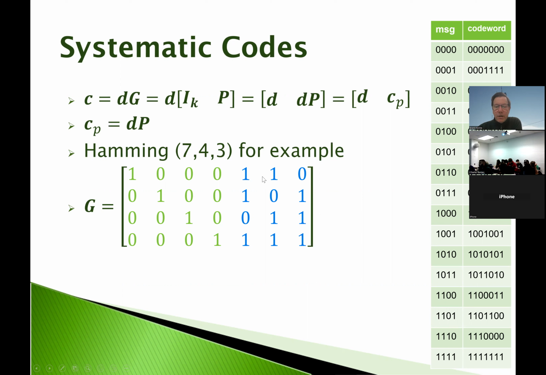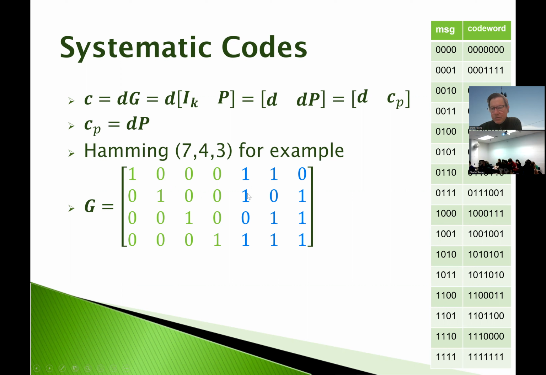Okay, so we have these parity checks. We look at these row-wise as we're multiplying by D. So the first parity bit of the code word would be D sub 1 plus D sub 2, we're going to ignore D sub 3, and add D sub 4.